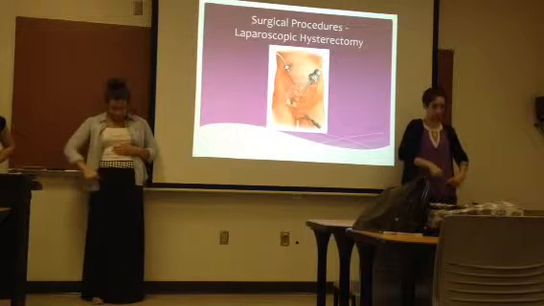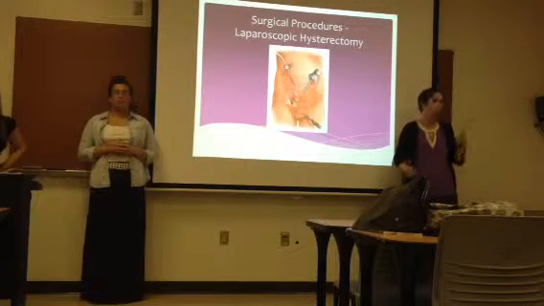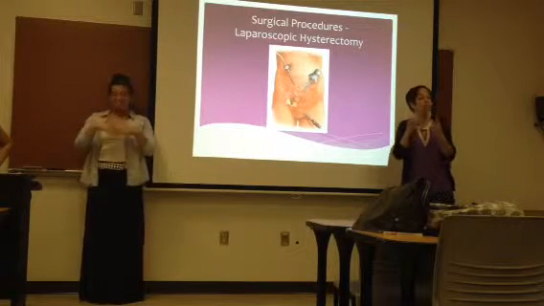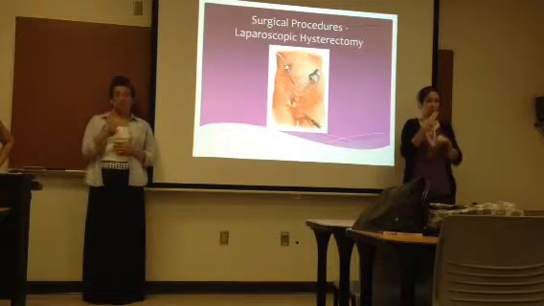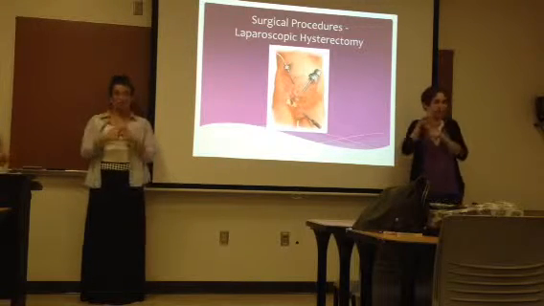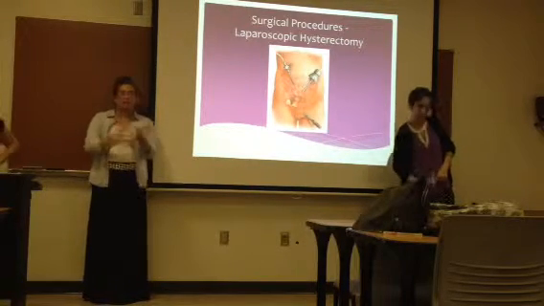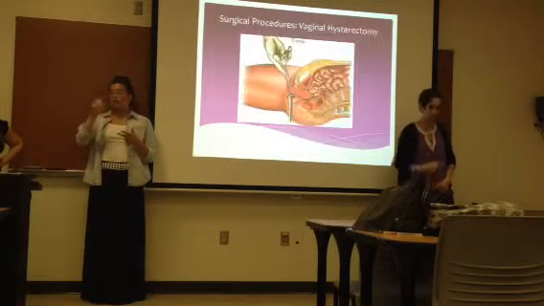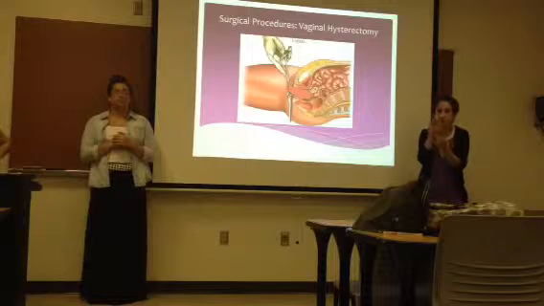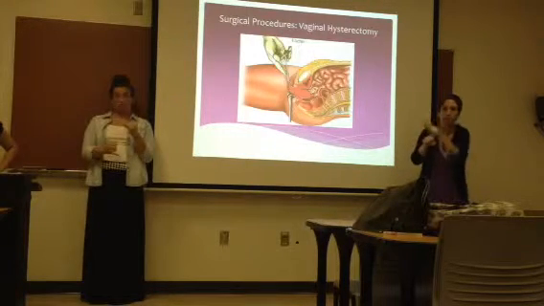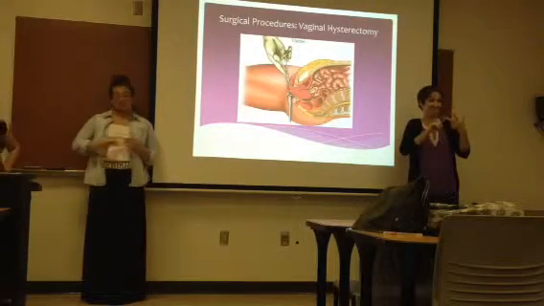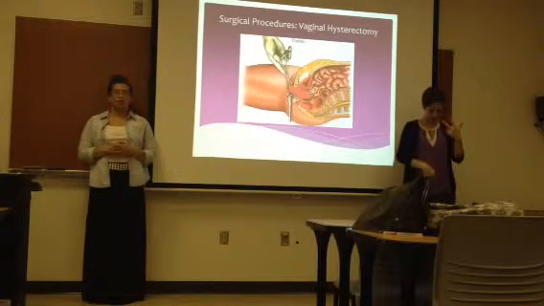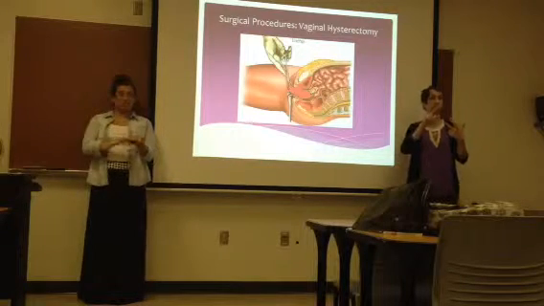Another procedure is where they use 3 different instruments to go in, and one of them is a camera to guide the doctor on which ovaries to pull out. And the last option for a hysterectomy is the vaginal hysterectomy, and that is when the doctor will remove the uterus through the vagina with a camera to guide the procedure.